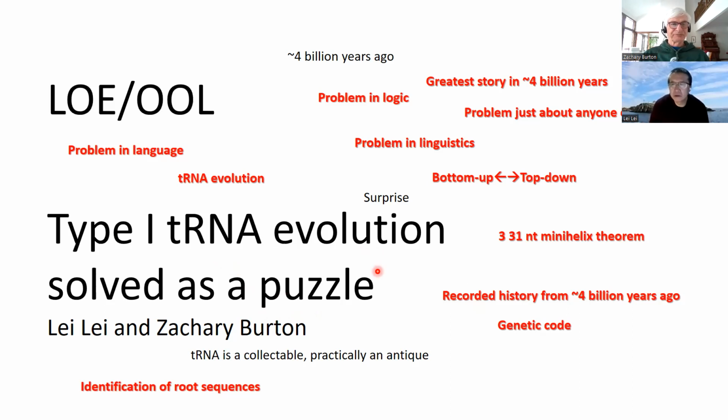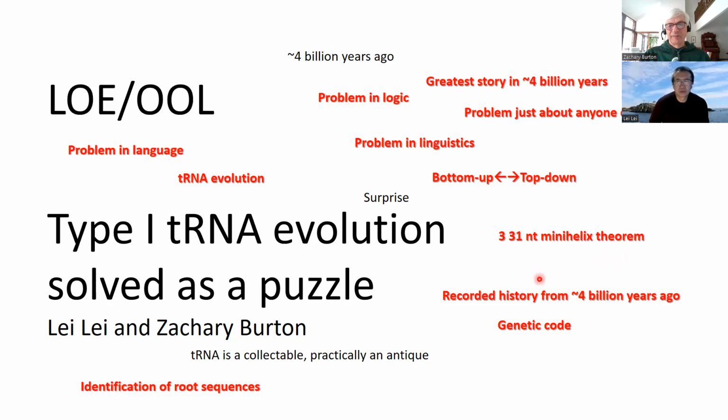So to follow on that, because RNA is a written language, if some sequences have not been overwritten, there's a recorded history of pre-life events. Right. So the whole idea behind the 331 nucleotide mini-helix theorem is that it's 100% ordered repeats and inverted repeats, except for the ACCA adapter at the end.